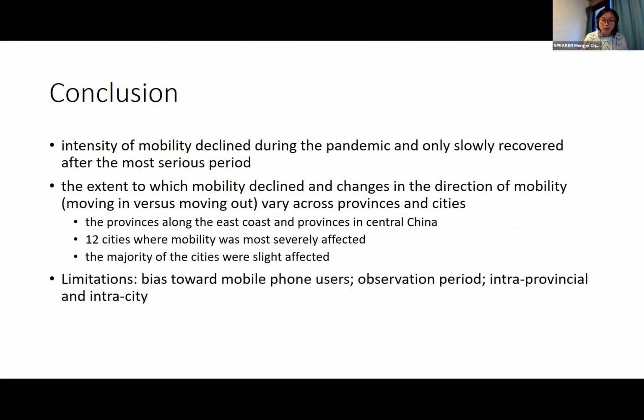The extent and direction of mobility change vary across provinces and cities. Only 12 cities were very severely affected, but the majority of cities were actually slightly affected by COVID-19. Of course, there were many limitations in this study, but I will stop here so we can discuss a little more about that. Yes, that's all. Thank you.